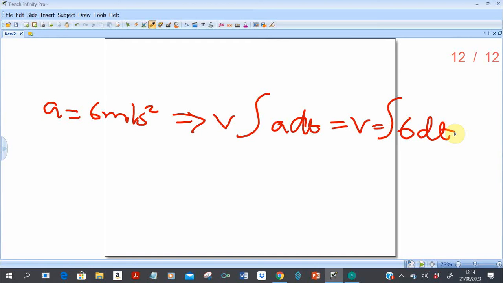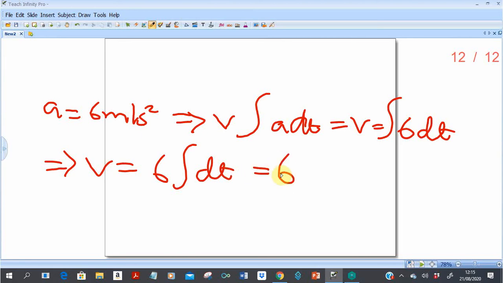But 6 is a constant, so V is equal to 6 integral dt. Now, the integral of 1 is just t. So this will give us 6t plus a constant c.